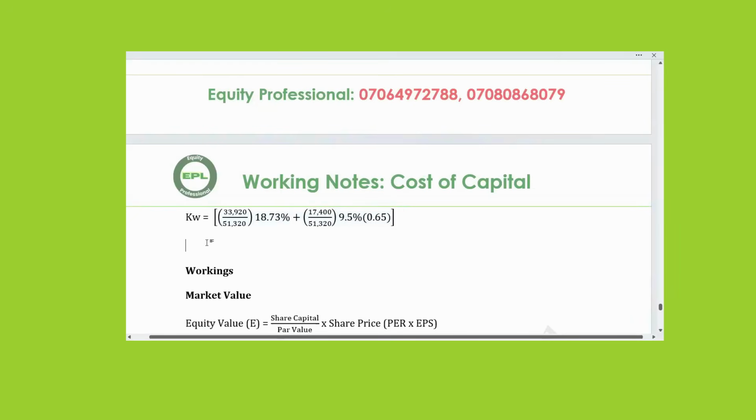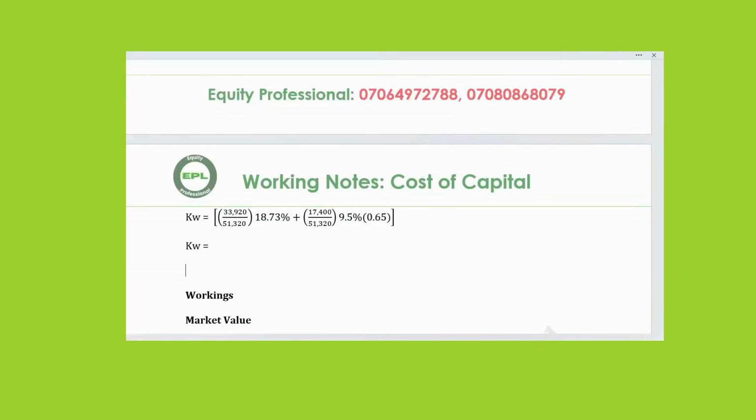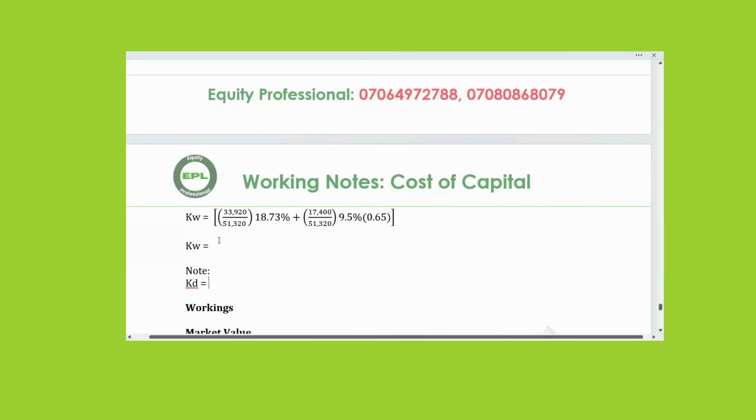So give me from the left. What do you have there? 33,920 divided by 51,320 multiplied by 18.73. What do you have? 12.38 from the left.